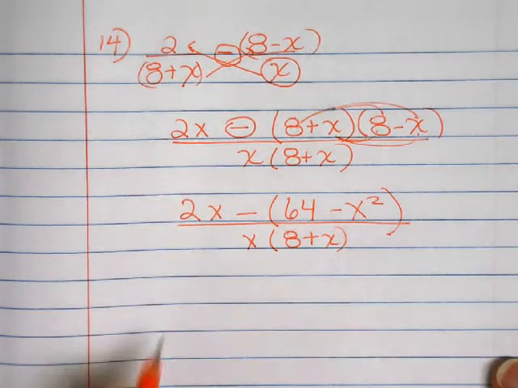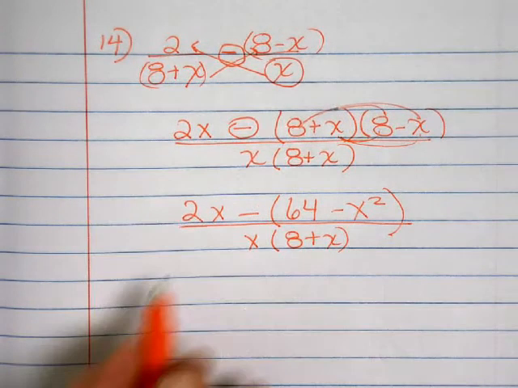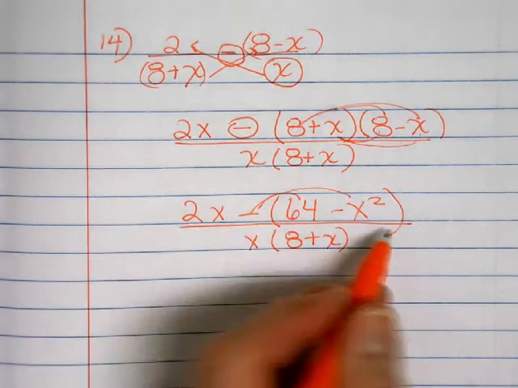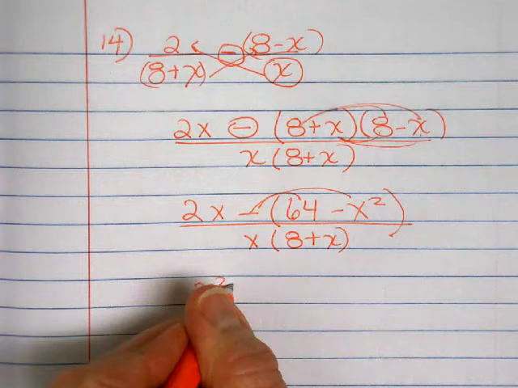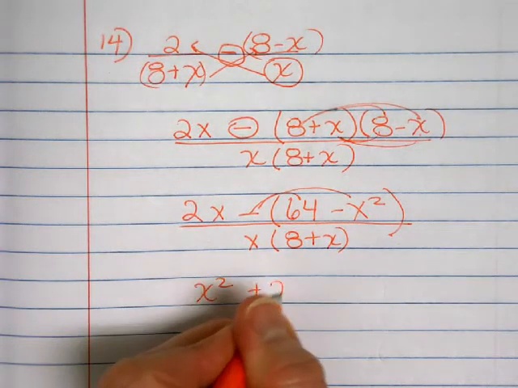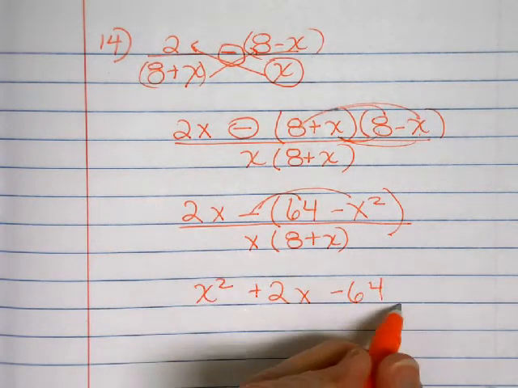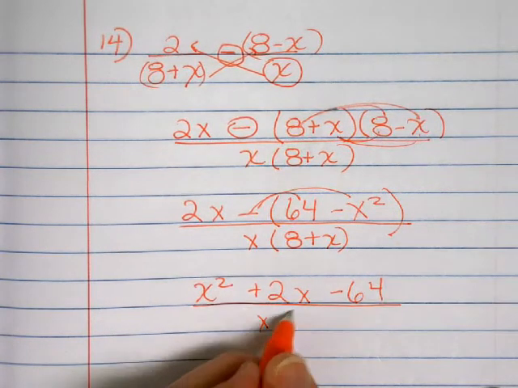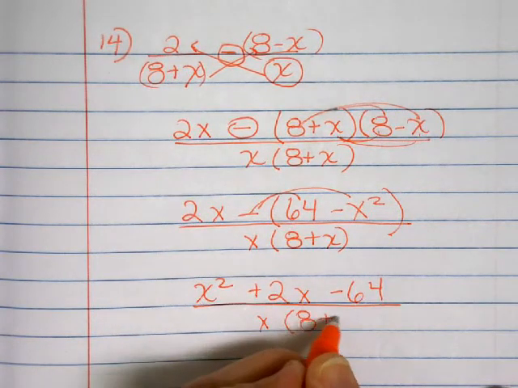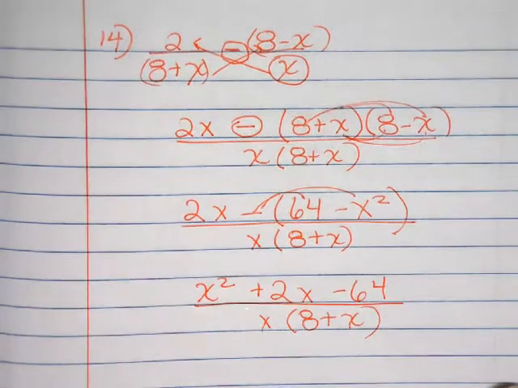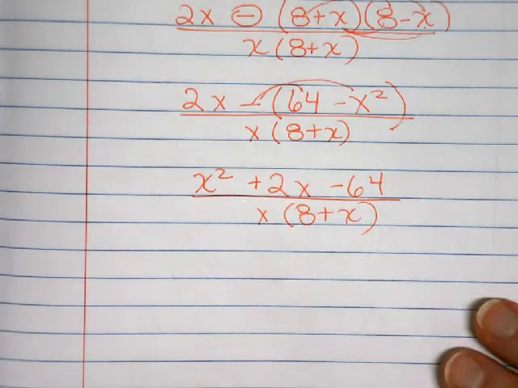But I still FOIL just in case it doesn't disappear, I'm ready. So it's x parenthesis 8 plus x. You get to distribute the negative. So I have a positive x squared, a plus 2x, and a minus 64.